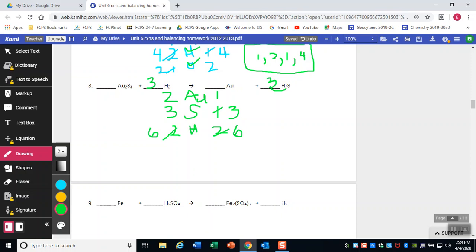And then golds, I have 2 over here. I want to have 2 over here. So I'll just put a 2 in front because there was 1. Subscript is 1. All right, so that would be my final balanced equation. All right, let's do a quick check.